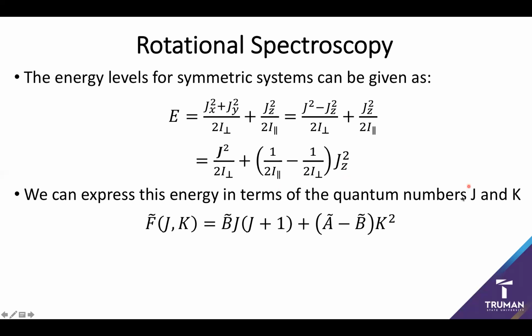So we have our classic quantum number J, and this is going to correspond to the same thing as it always did, total angular momentum, and this term essentially is the same as we found with the parallel system, where again we have our rotational constant representing the moment of inertia in the perpendicular direction.